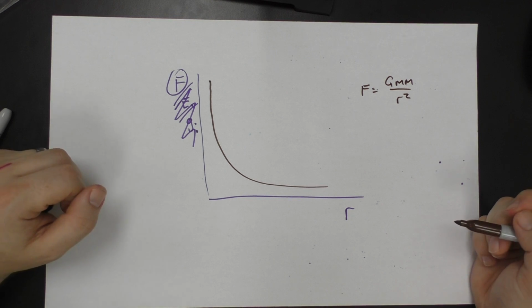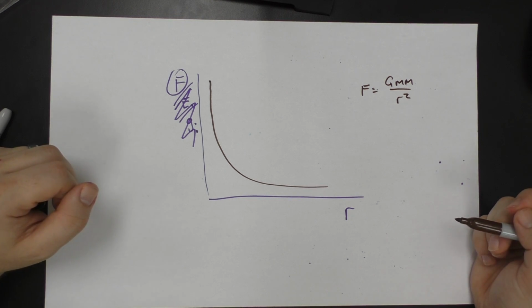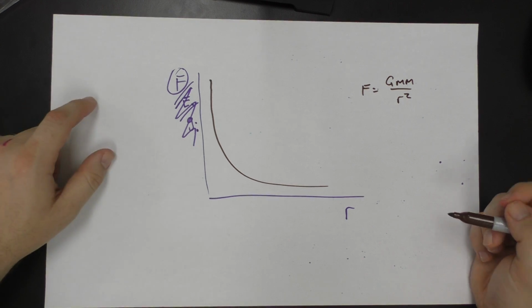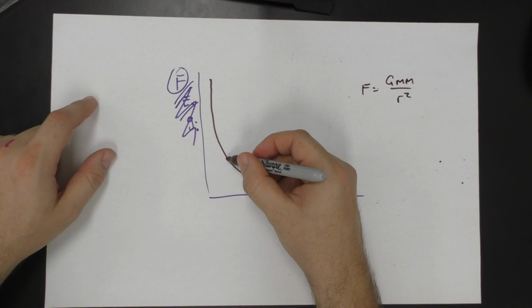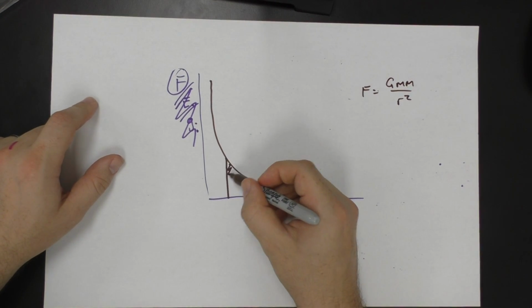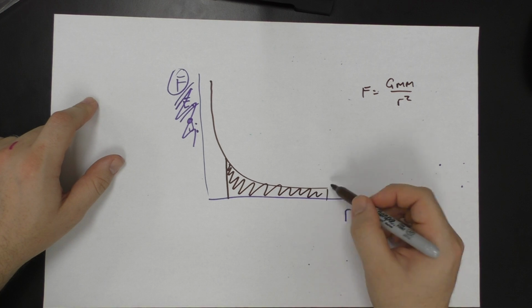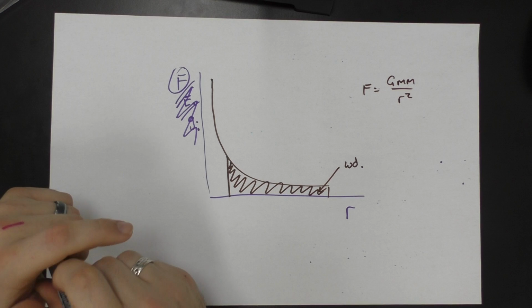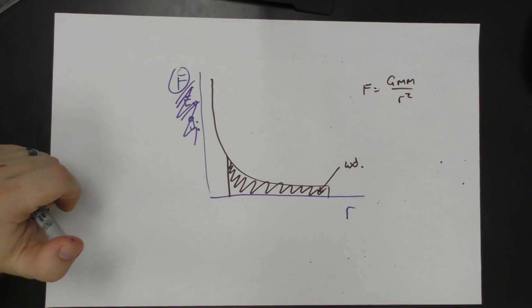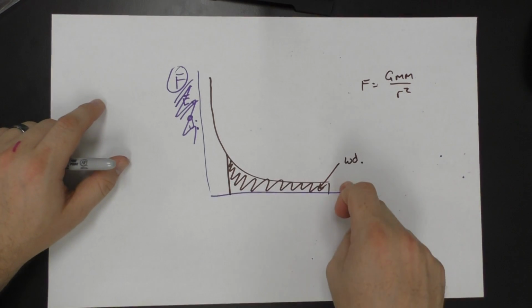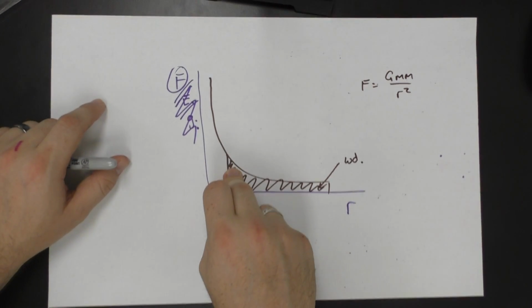But what's really, really telling about this is that we can actually say that the area under this graph is the work done. Well, that is the work done in bringing it from infinity to that point.